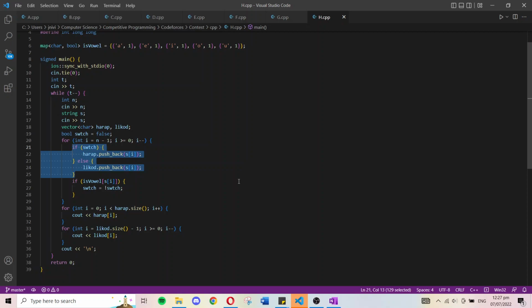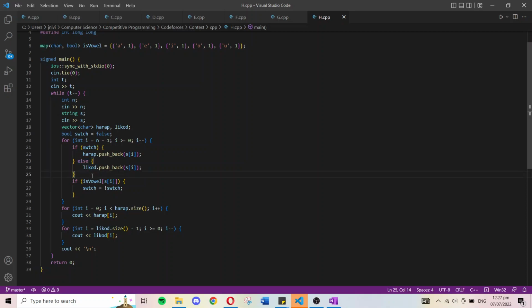Then we check first if switch is true, then we put it in the front, right? But initially it is false, so we will always put it first on the back.